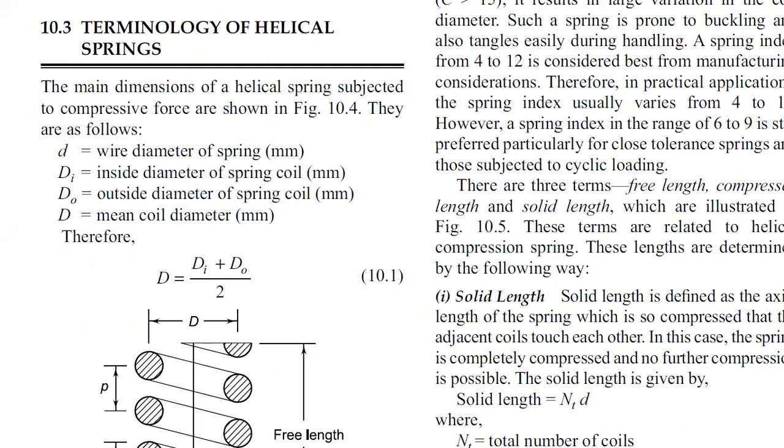First of all, we will learn the different terminology which is used in the helical spring. Then we will see the different materials which are useful in the design of the helical spring, how to design a helical spring, the design criteria or design procedure, and finally we will take several real-time examples by which we are able to understand the entire design procedure properly.